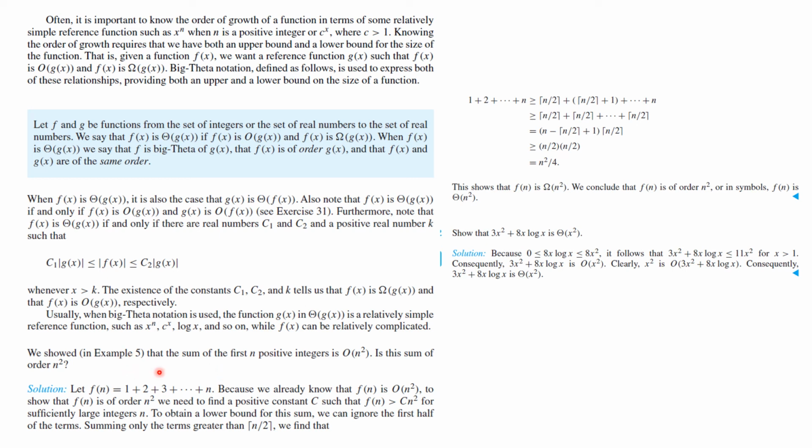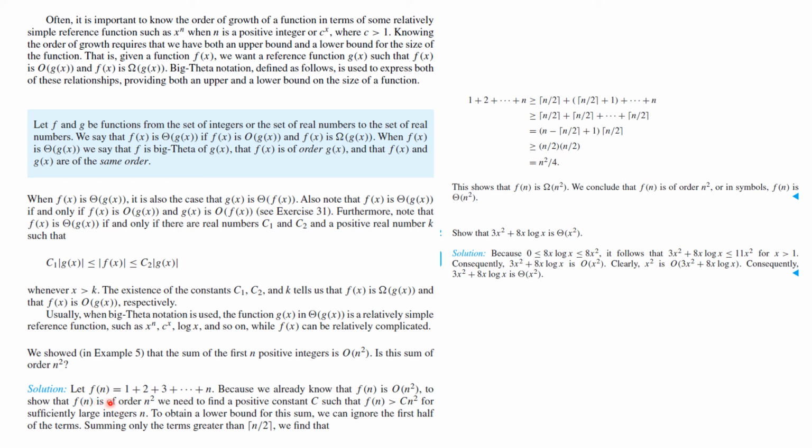Now, we showed in a previous example that the sum of the first n integers was big O of n squared. I ask, is the sum of these integers also of the same order as n squared? Well, we've checked one way, and now we have to check the other.